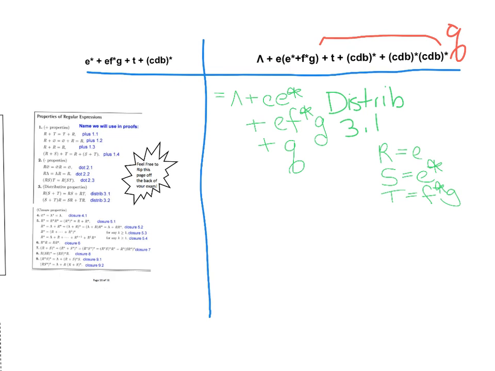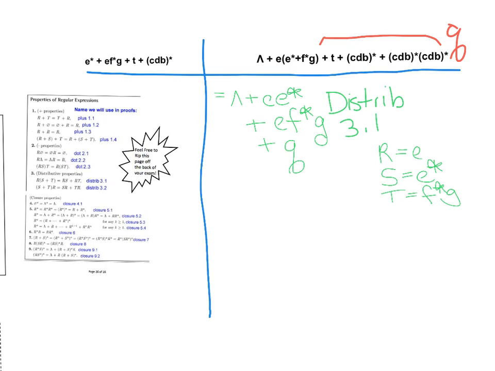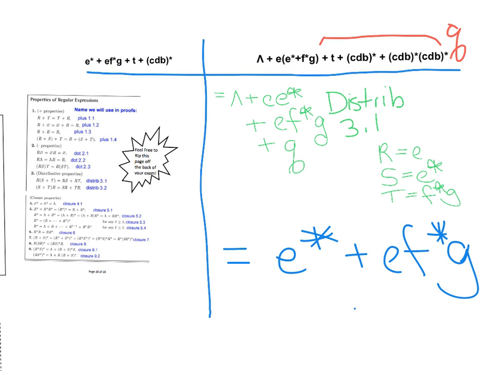I tried to make the problem reasonably doable. So what we're going to do, again, we're still on our scrap paper here, is write this whole thing equals E star plus EF star G plus all that Q junk, right?